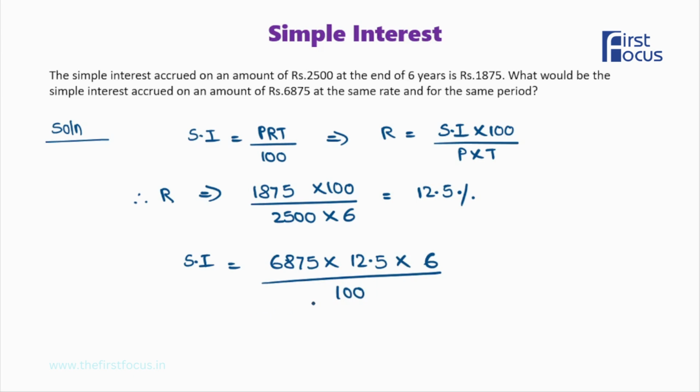On solving this, we get 6875 into 0.75, which is equal to 5156.25. So the simple interest for this amount is rupees 5156.25 paisa.